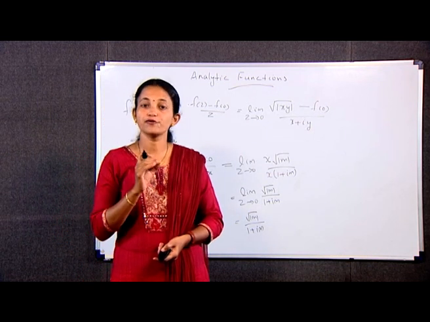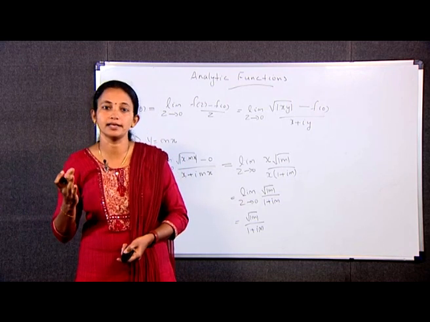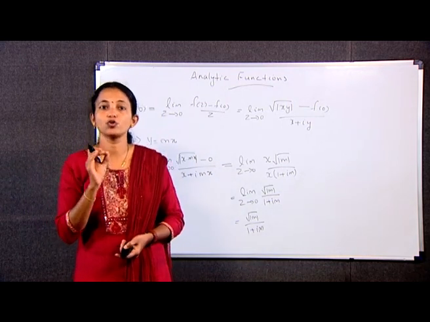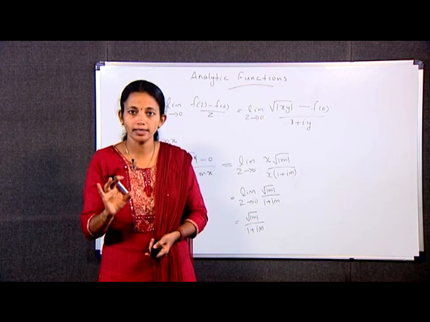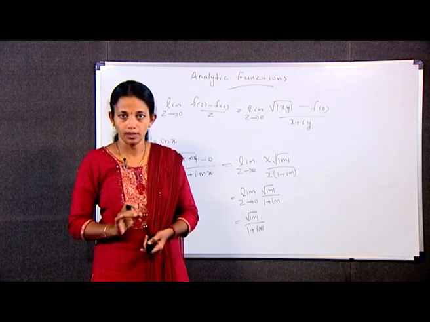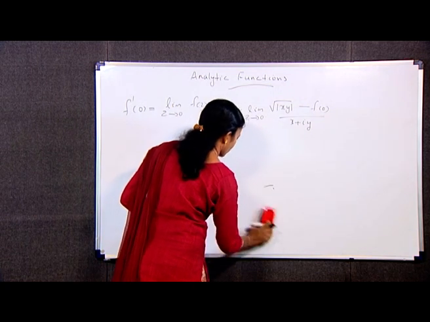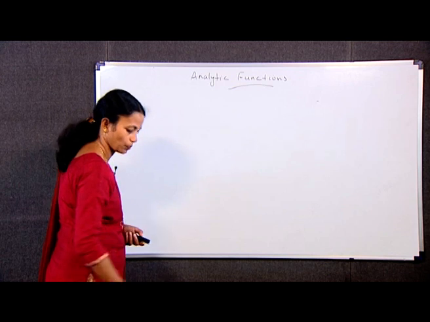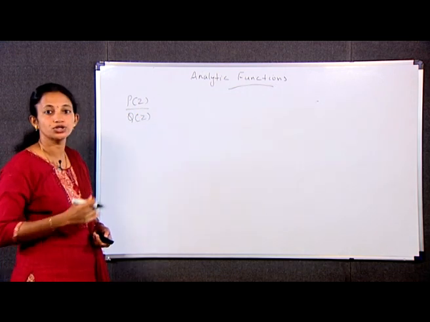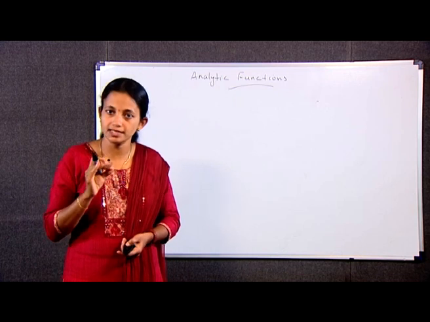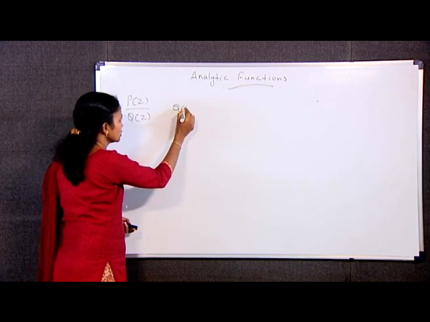One theorem: if two functions are analytic in a domain D, their sum and product are both analytic in D. Next, the quotient of two functions is analytic in D provided the function in the denominator does not vanish at any point in D. In particular, the quotient Pz by Qz of two polynomials is analytic in any domain throughout which Qz is not equal to 0.